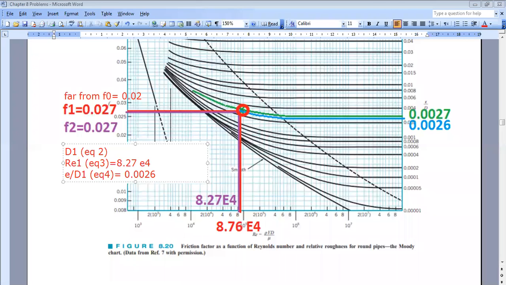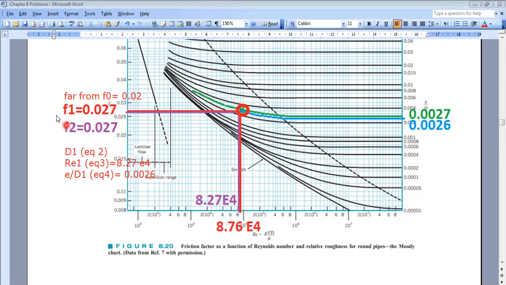Sometimes, because the chart is not very accurate, you cannot see the difference, as is the case here. If you take a new line for the new Reynolds, 8.27 times 10 to the power 4, and the blue curve, which is for epsilon over D equal to 0.0026, then the intersection is nearly at the same place.